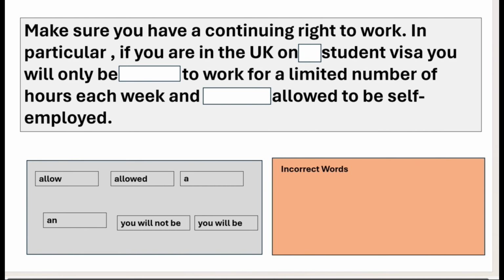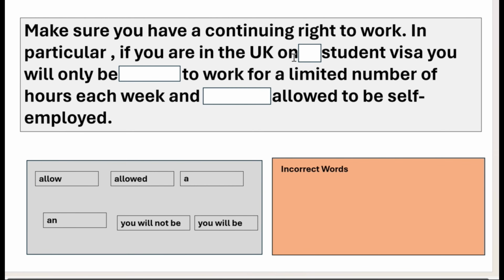Okay, so I can guess there, if you are in the UK on a, you see, it's automatically coming, so it's A or AN, on an student visa or on a student visa. So if I say common sense, it automatically comes A, right?